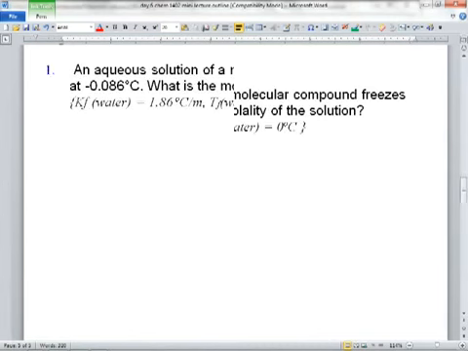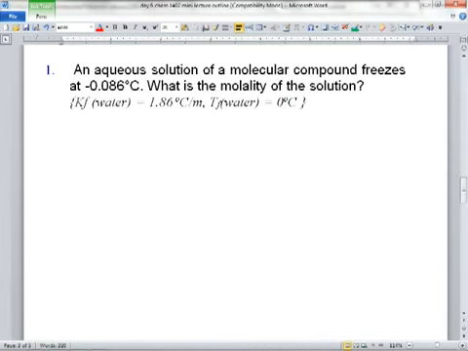Okay, let's go back up here. We have an aqueous solution of a molecular compound. It freezes at negative 0.086 degrees Celsius. What is the molality of the solution?